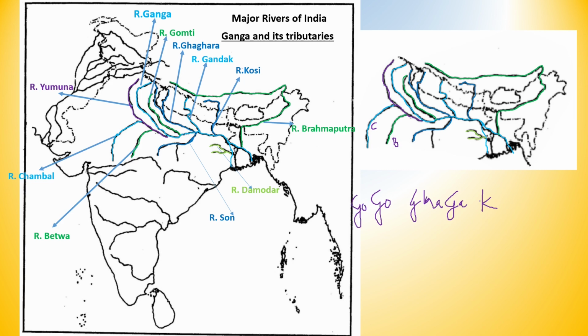How will you remember? Kosi finish, and then Ga, Gandak, then Gha, Ghagra, and then Go, Gomti, and then Ganga. Ga, Gha, and Go. Alphabetical order you can remember.